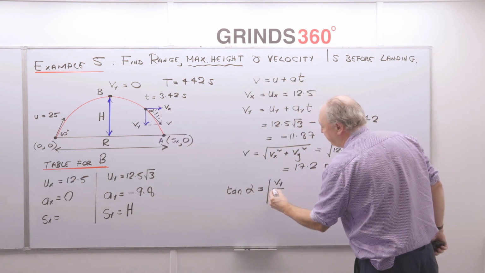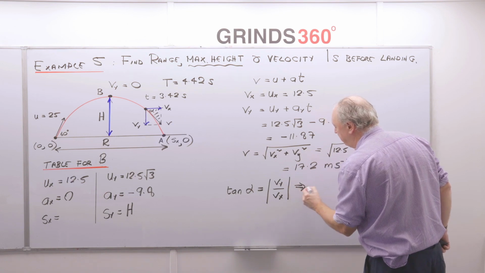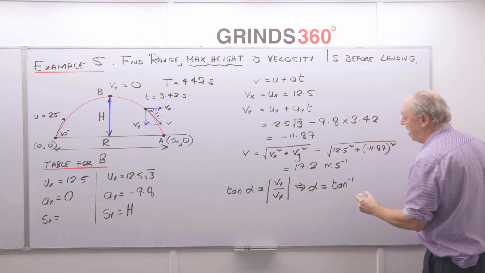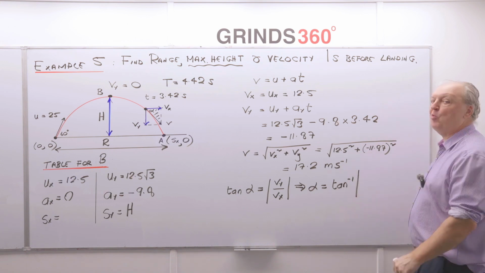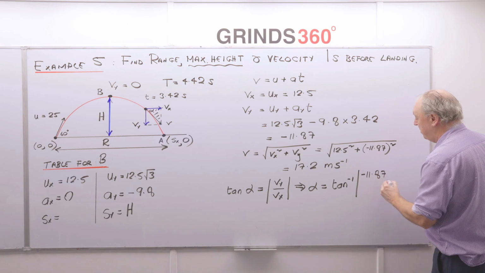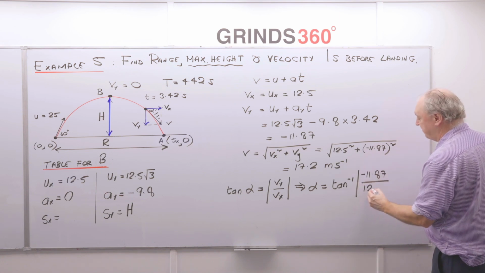So it's Vy divided by Vx. So therefore, alpha is the inverse tan of the absolute value of Vy, which is minus 11.87, over Vx, which is 12.5.